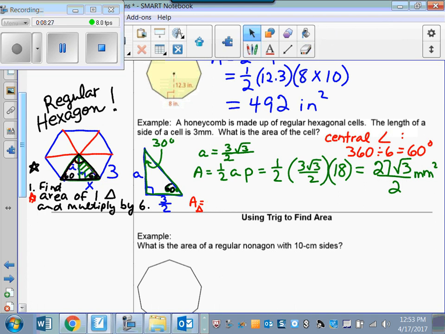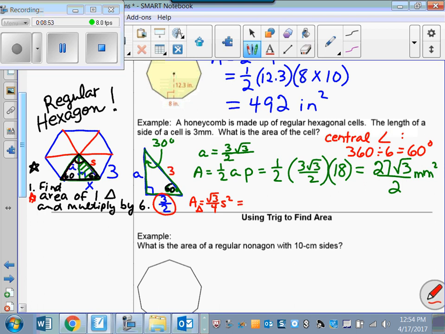Remember this handy dandy little formula I learned, that the area of an equilateral triangle is the square root of 3 over 4 s squared. But oh shoot, here's s. How do I find out what s is? I know it's twice the short side, which is 3/2. So s is going to be 3.